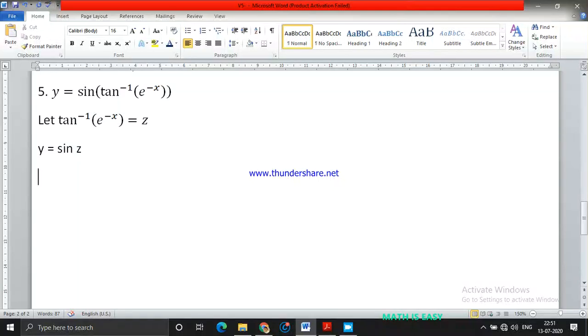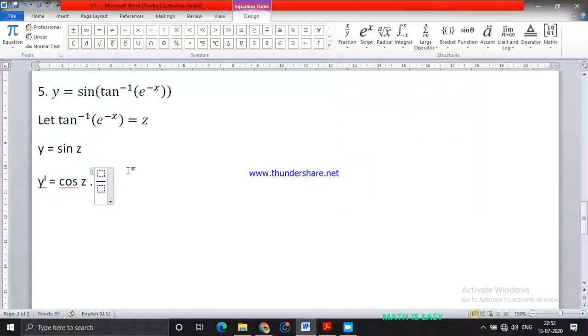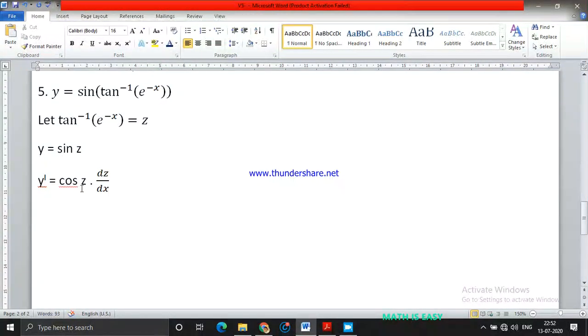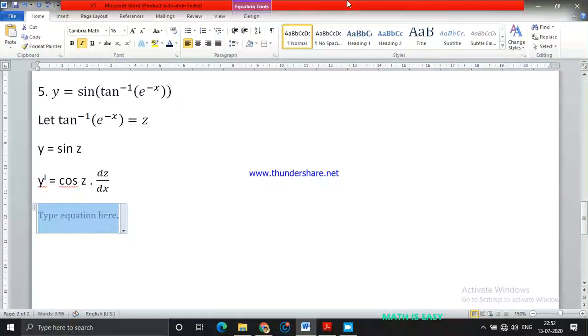If I do the differentiation with respect to x, you will get y dash. The derivative of sin z is cos z into the derivative of z, dz upon dx.